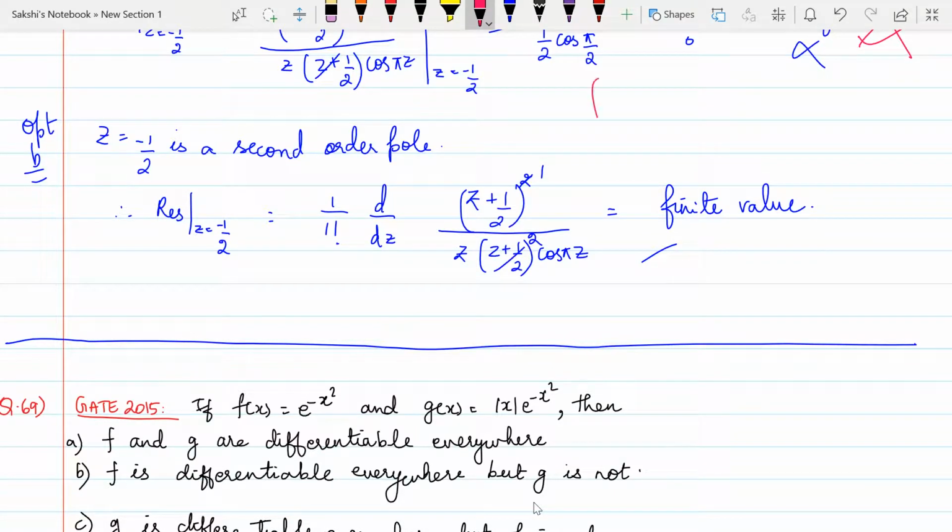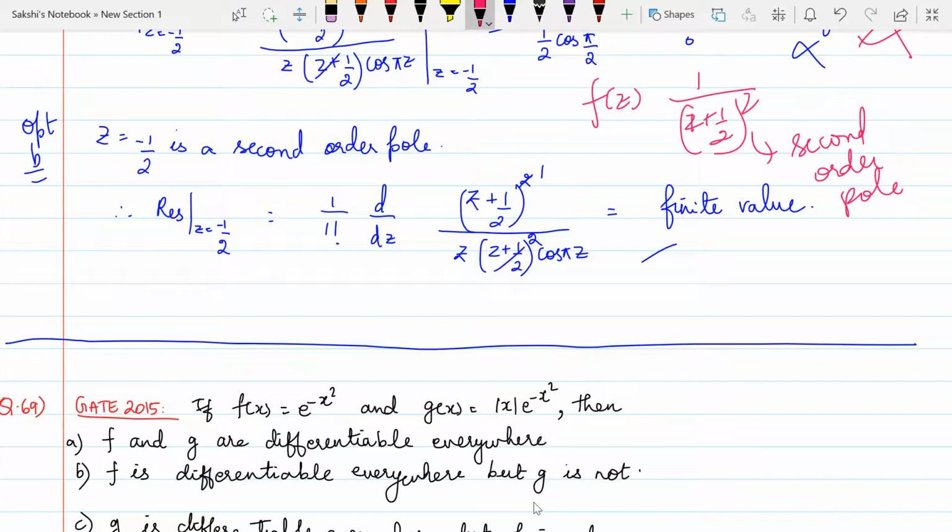I do not have my function f of z as 1 by z plus half the whole square, but if I'm saying that this is a second order pole, then I should consider the square term over here. So I have considered the square term, and on finding the residue of the second order pole, this is the process. On differentiating this particular term, 1 by z into cos pi z, I get a finite value. Therefore, I can confirm by doing this that z is equal to minus half is a second order pole.